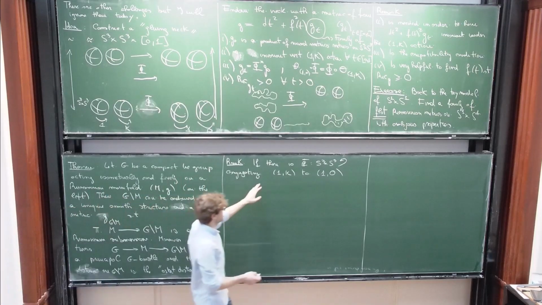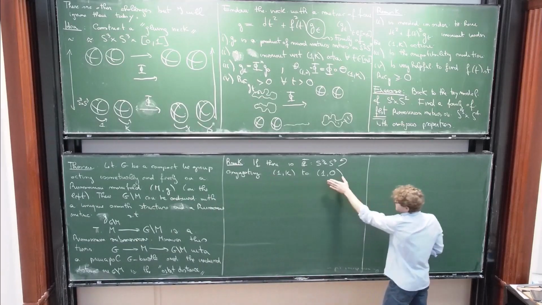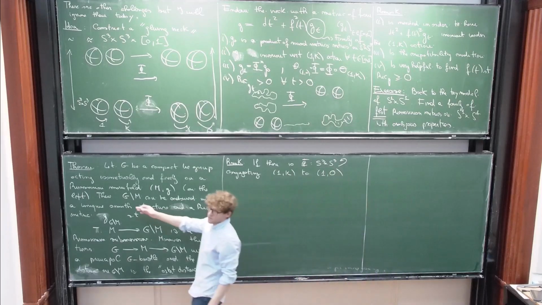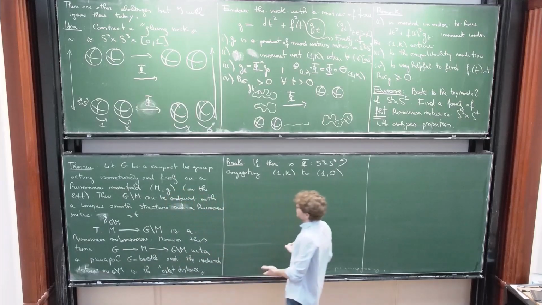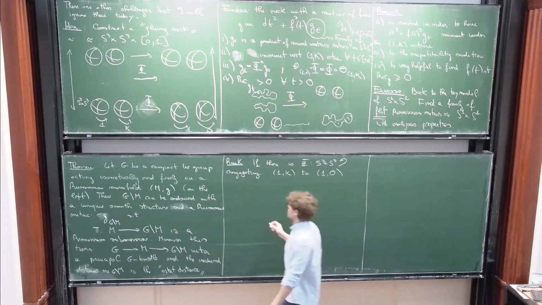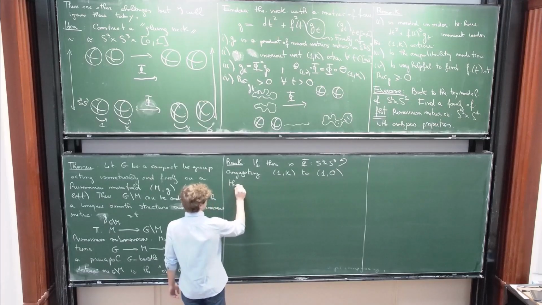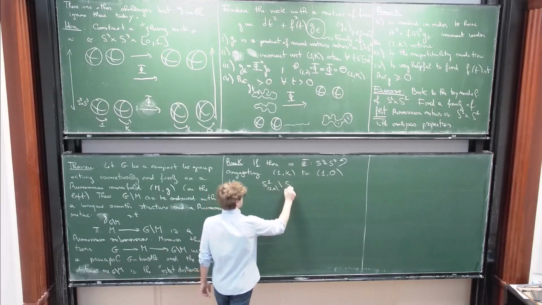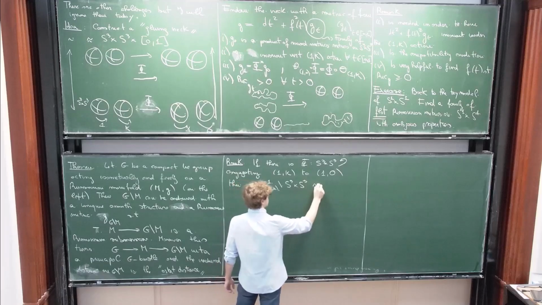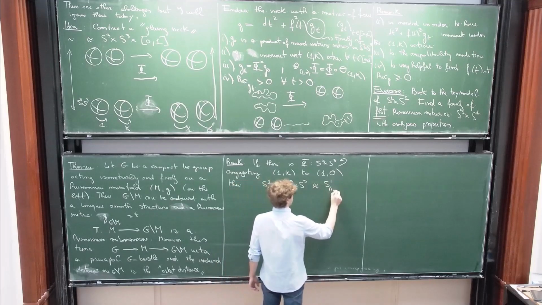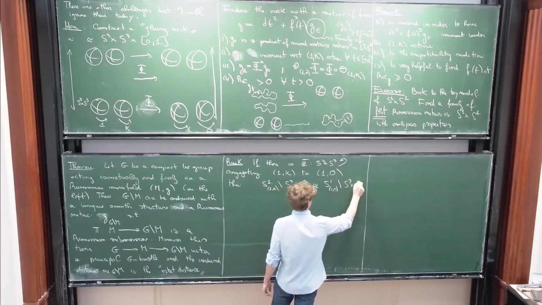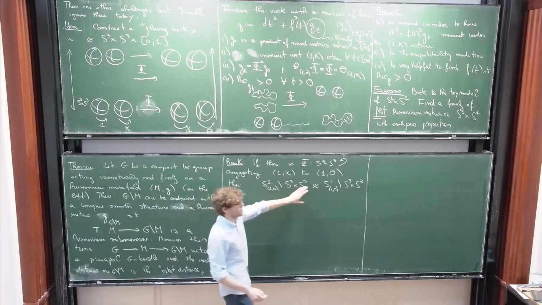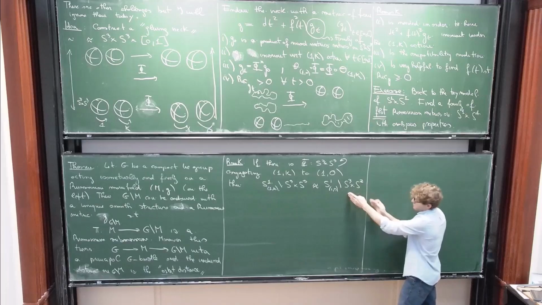So I told you yesterday that the 1K action and the 1,0 action are isometric with respect to products of round metrics. We can apply the theorem and get a smooth structure on the quotient spaces. So the quotient of S3 times S3 modulo the 1K action should be diffeomorphic to the quotient of S3 times S3 modulo the 1,0 action.